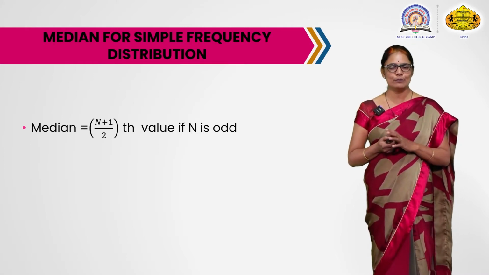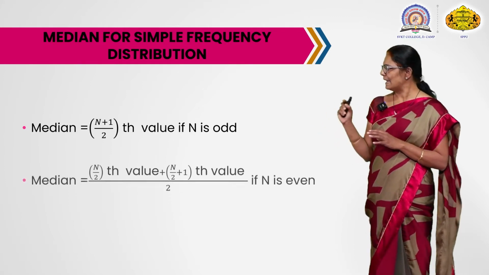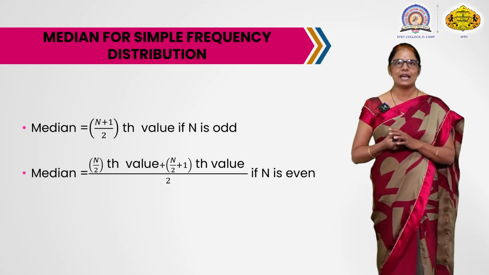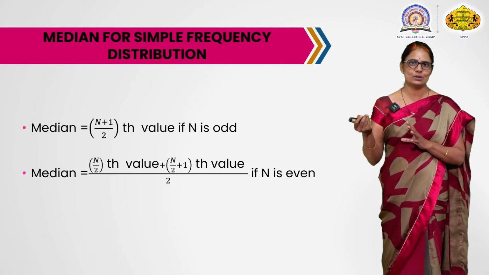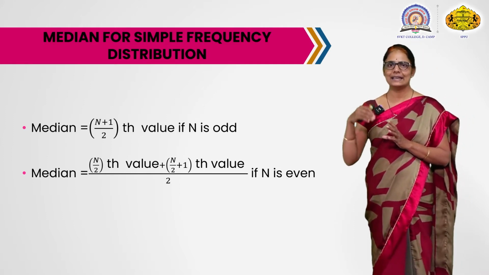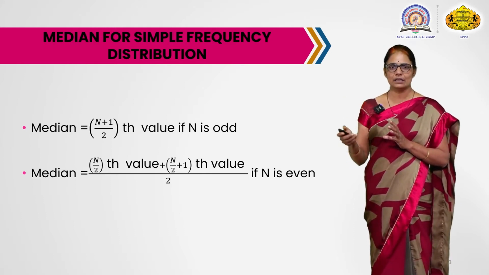So the formula remains the same, only we have to change the symbol from small n to capital N. If n is even, then the median is given by the n by 2th observation plus the (n by 2 plus 1)th observation upon 2. That is, the average of the n by 2th and its next observation is the median if n is an even number.